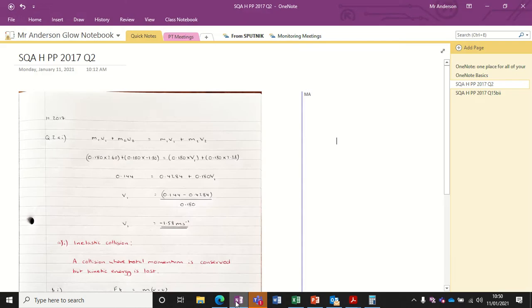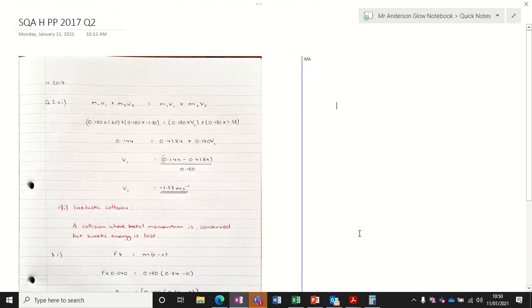So if I click on my solution, and hopefully you'll be able to see this, especially if I increase the size of it, then there's 2A. So I've done the calculation to work out the velocity of the ball. The part in red is the part that candidates find demanding, so I've highlighted this for you to look at.